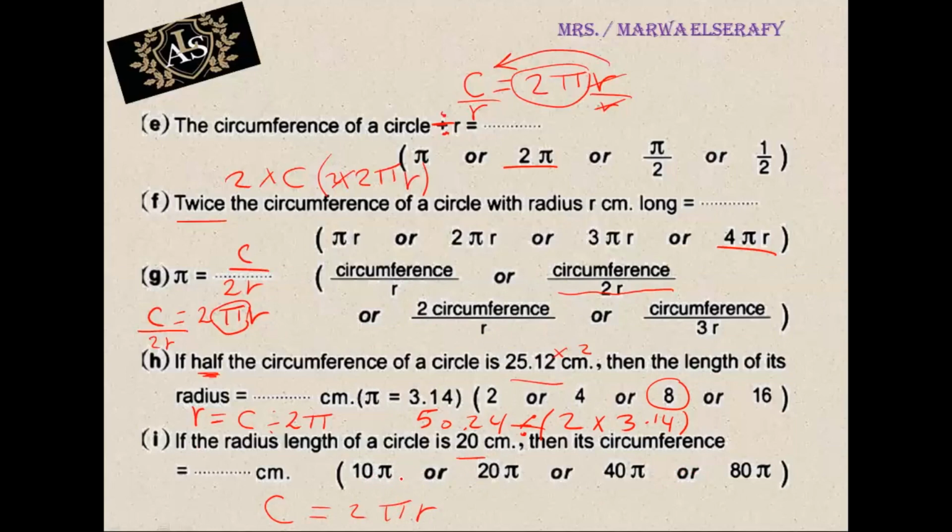You will write pi as it is. 2 times pi times r. I didn't have the value of pi, but I have the value of r. The value of r equals 20. So 2 times pi times 20, it will be equal 40 times pi. So I will choose this choice. Okay, 40 pi. 40 pi means 40 times pi.